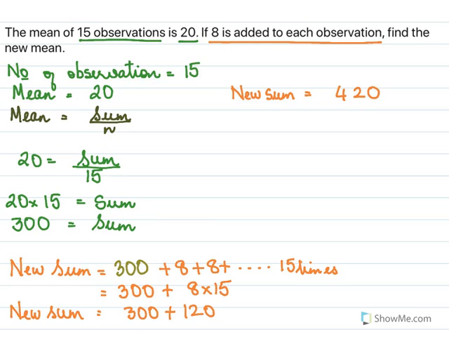If we have a new sum, we'll have a new mean. The new mean again will be sum over number of observations. Now sum is 420. The number of observations are the same and they are 15 here. So 420 over 15. So the new mean will be 28.